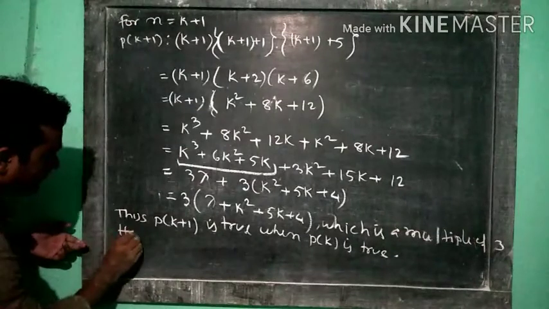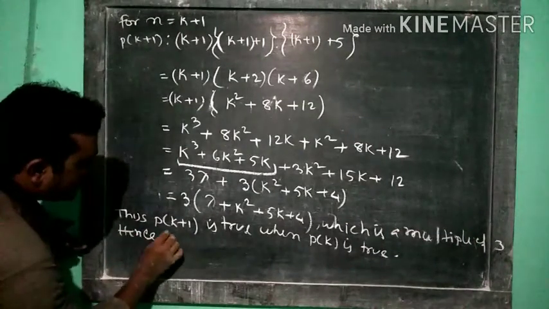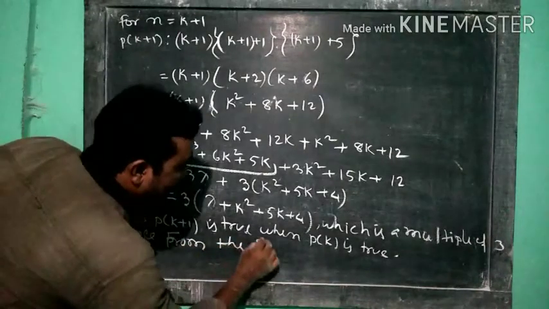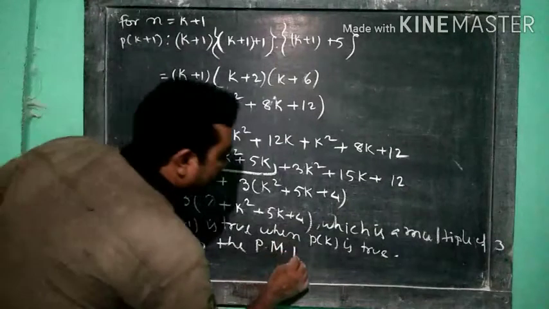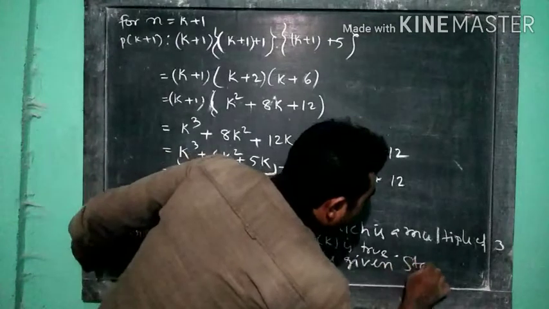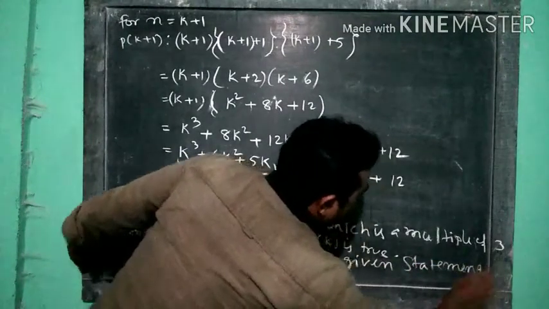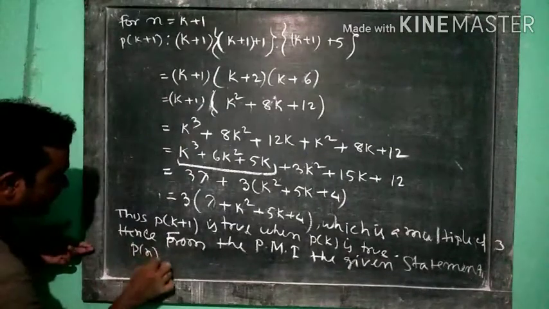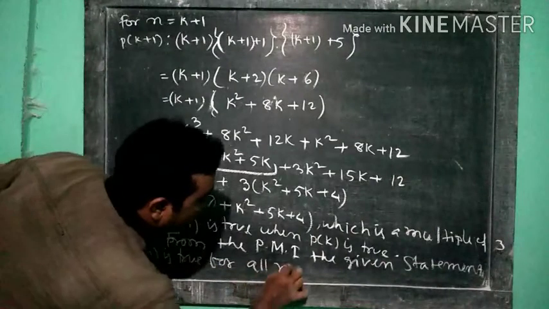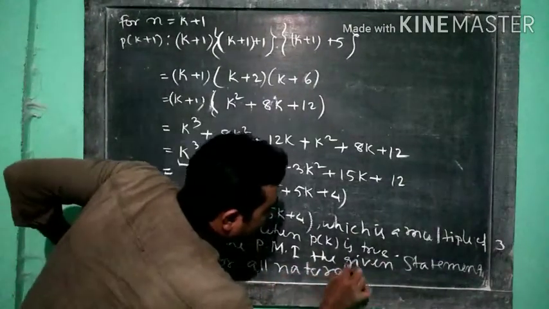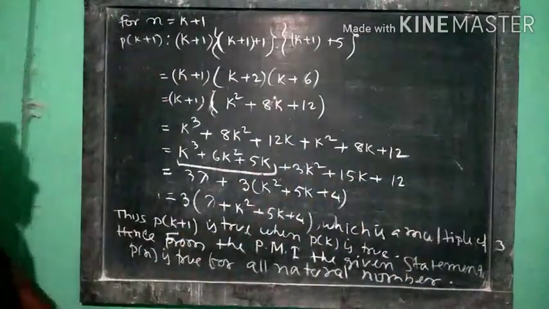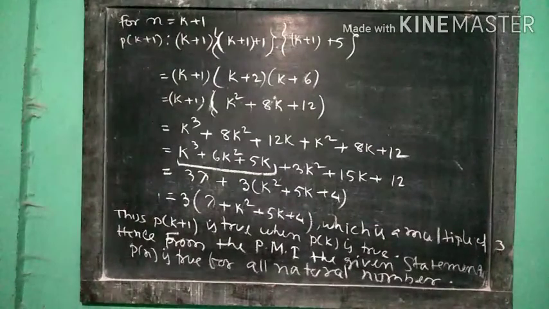Hence, from the principle of mathematical induction, the given statement p of n is true for all natural numbers. For any natural number, this statement is true. Thank you.